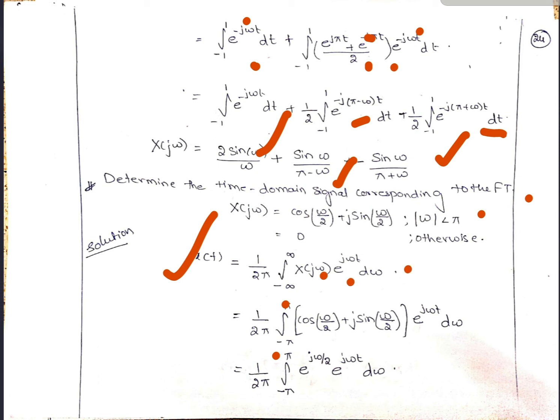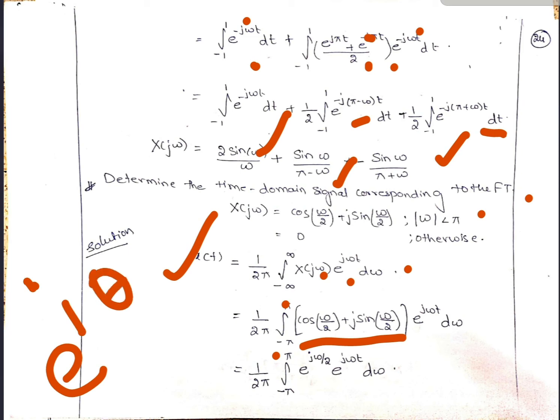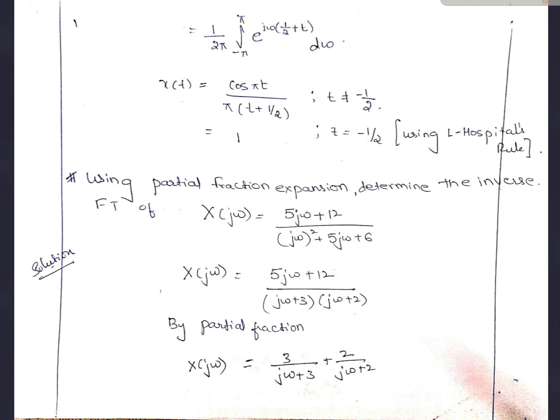Here cos omega by 2 plus j sine omega by 2 is of the form e raised to j theta, which is cos theta plus j sin theta, that is nothing but cis theta. So substituting here and simplifying this, we get 1 by 2 pi times the integral from minus pi to pi of e raised to j omega into t plus 1 by 2 d omega.